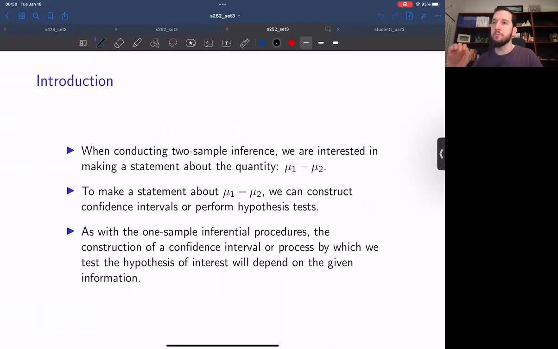When we form our inferential procedures for 2 population means, we focus on the difference between the population means. That is, we don't treat them separately. We compare them by subtracting one from the other. So our confidence intervals and our hypothesis tests in this lecture set will be focused on the quantity mu1 minus mu2. Okay.